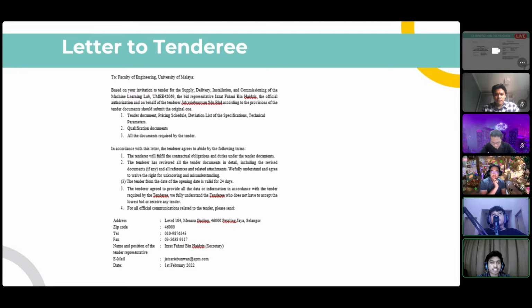This is the letter to the tenderee. As you can see here, in our letter, we also include the agreement that we agree to fulfill the contract. Other than that, we also have to notify that we have reviewed all of the tender document in detail, including the revised document and all reference that related to attachment.